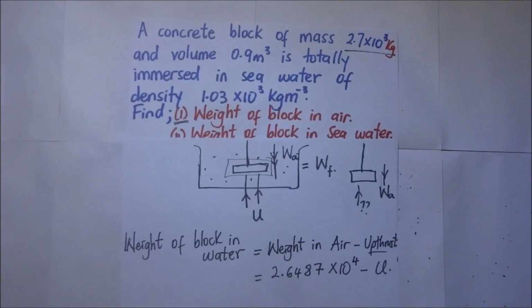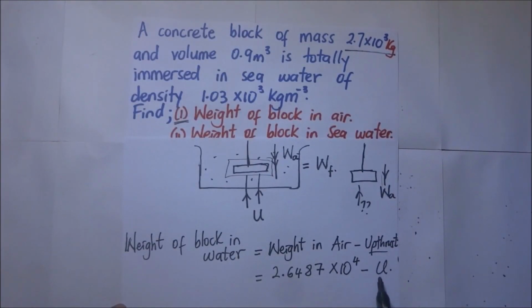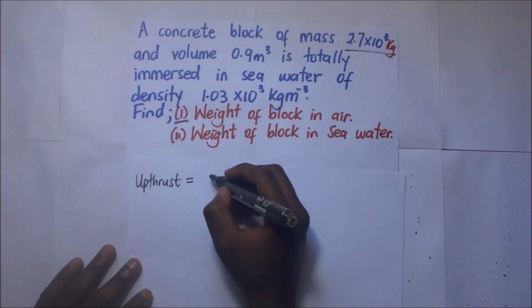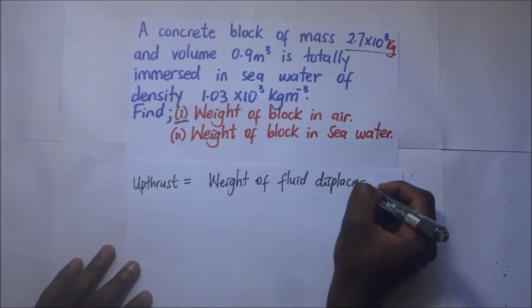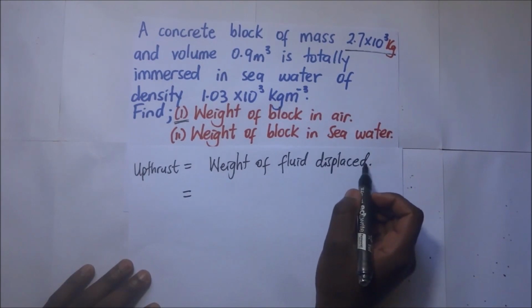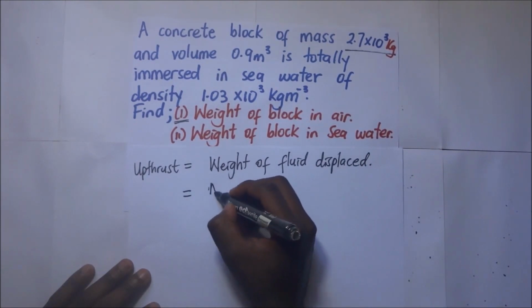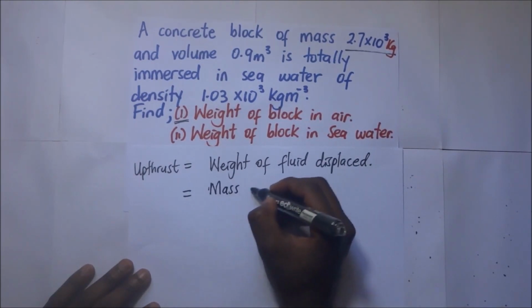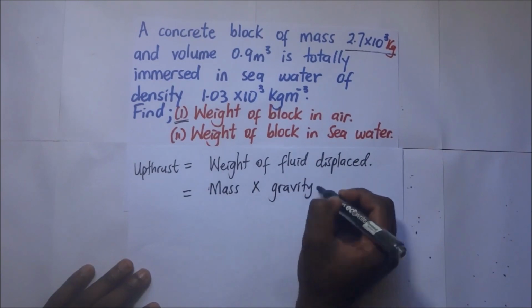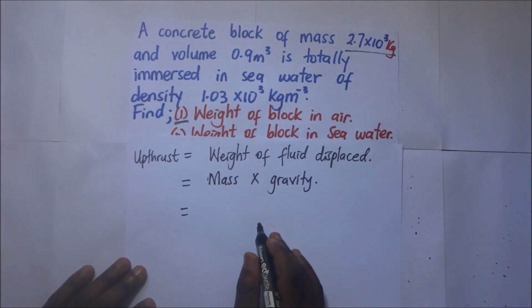Now the issue here is that we do not know the upthrust. So we need to first go and get the upthrust. After getting the upthrust, we come back and deal with this. The upthrust is the same as the weight of the fluid displaced, and we know that the weight of the fluid displaced is given by mass times gravity. What is the mass?